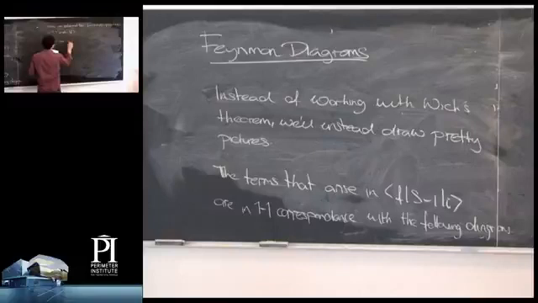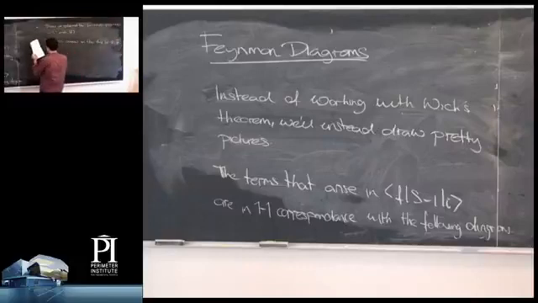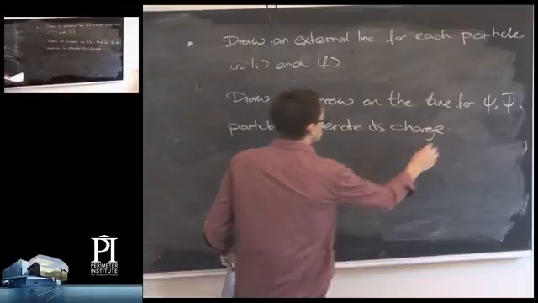So we draw an arrow on the line for psi particles to denote its charge. Okay, so we're not going to draw lines with arrows for the mesons, because the arrows correspond to charge, and the mesons are real and therefore don't carry any charge.